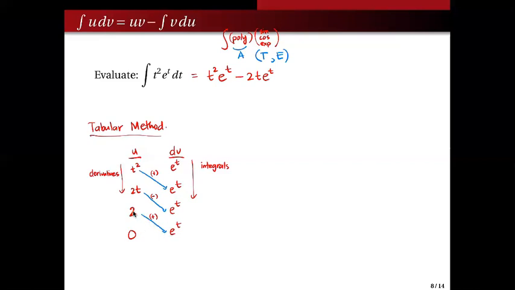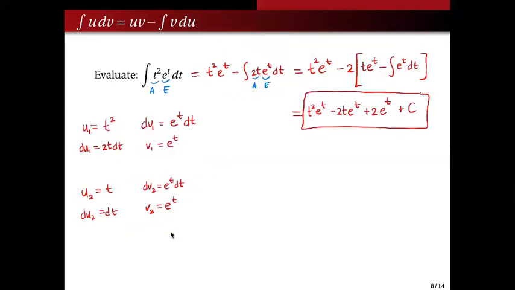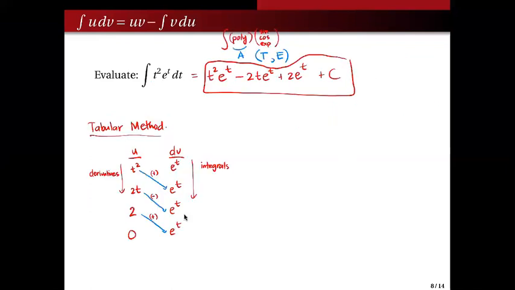Here, 2 times positive 1 times e to the t. That's positive 2 e to the t. And then you have your plus c in here. This is the answer that we obtained in here: t squared e to the t minus 2t e to the t plus 2 e to the t plus c. That's exactly this one.